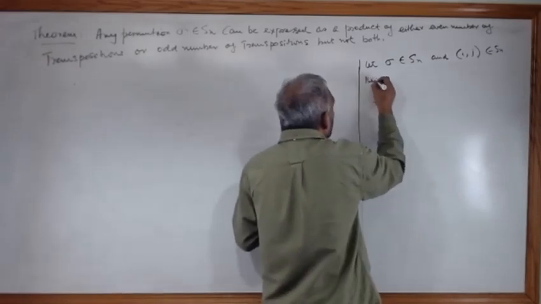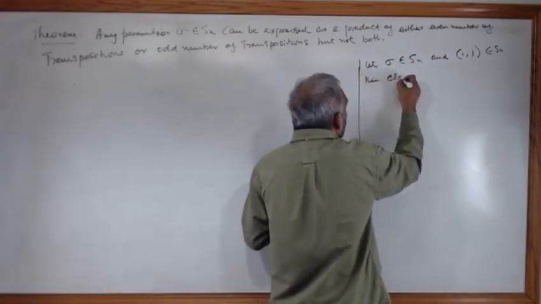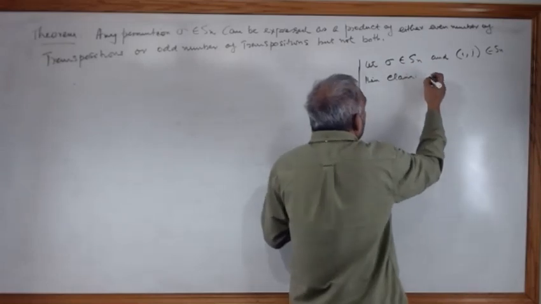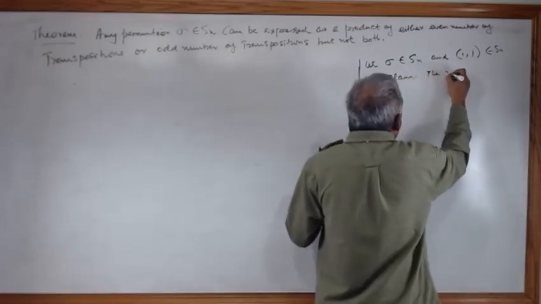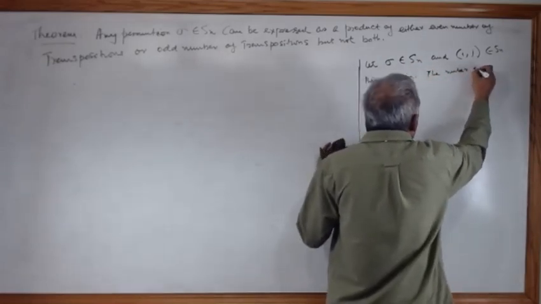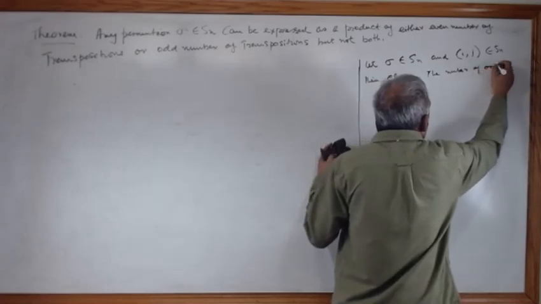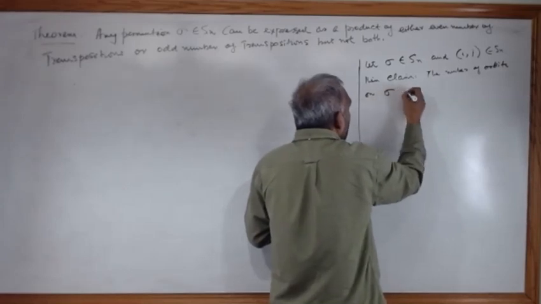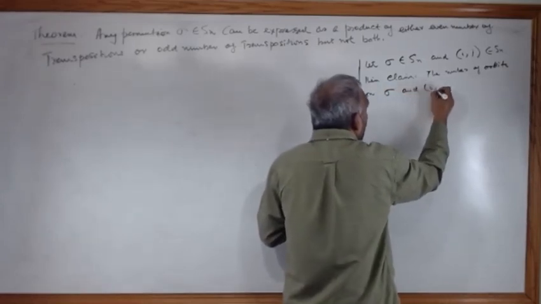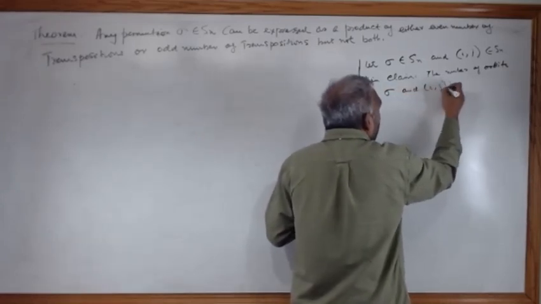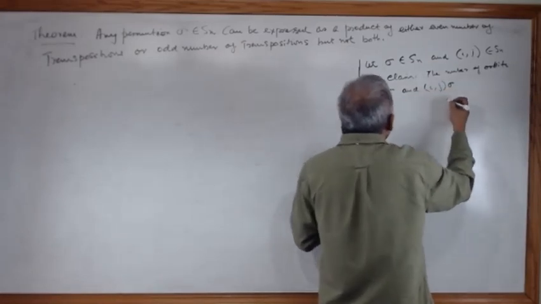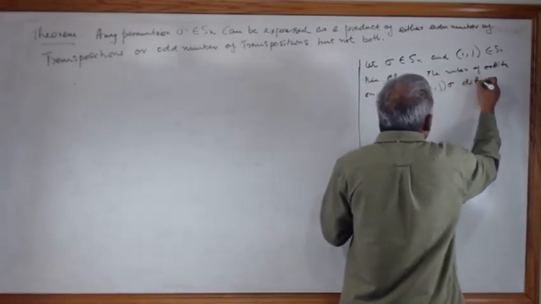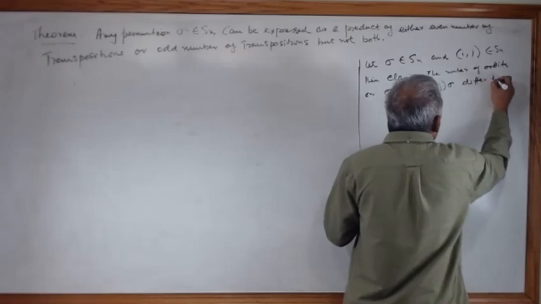Then our claim is the number of orbits of sigma and of (i j) composed with sigma differ by 1.